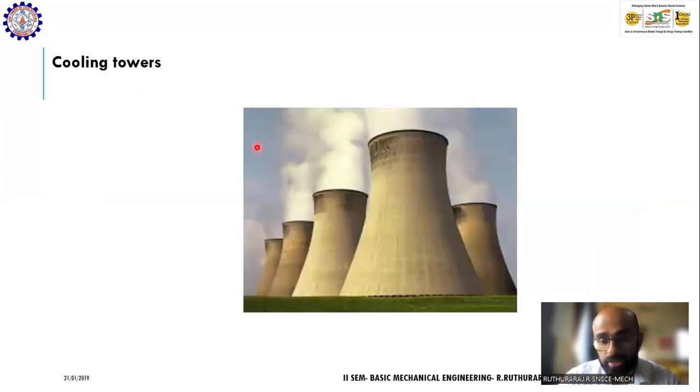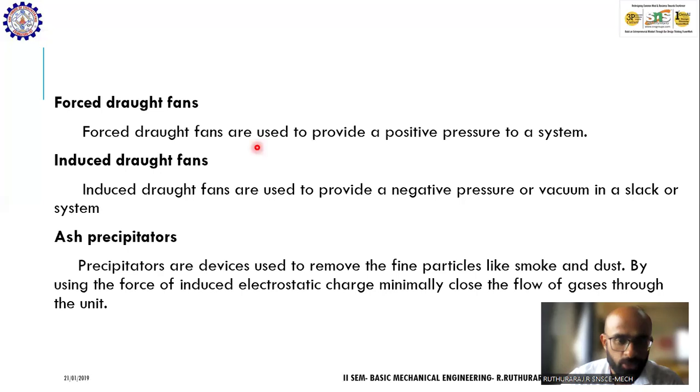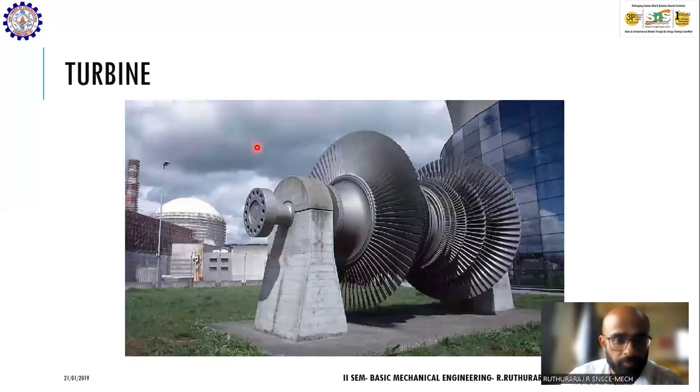And the cooling towers: the condenser is situated in the cooling tower. In the first slide, we saw that cooling tower. The purpose of the cooling tower is to convert the steam, once it loses energy after striking the turbine, into water, which will again be reused through the boiler setup. So that is regarding this.